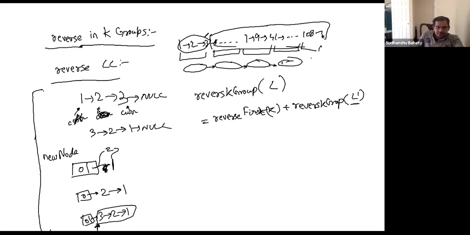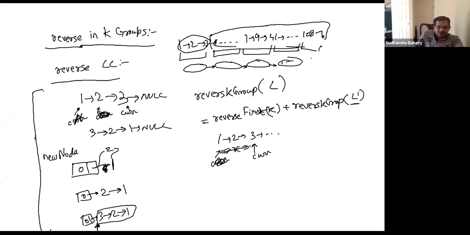So you count the number of elements. If it is k, then you pass it to a reverse function. So the more detailed algorithm is: you have this linked list, so on and so forth. You have a current pointer, and you move the current pointer until this distance is k.